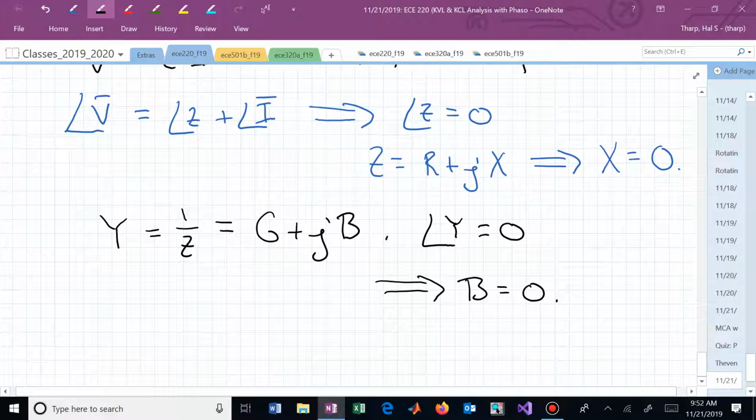Whether we express the effective impedance or admittance, we either want X to be 0 or B to be 0 in order to make the impedance seen by the source appear real, to appear to be just a resistor.